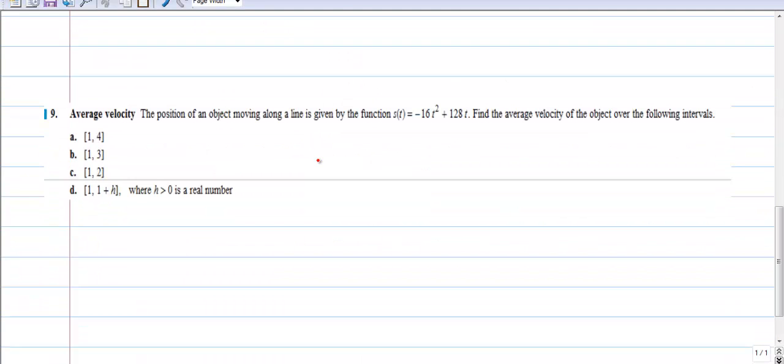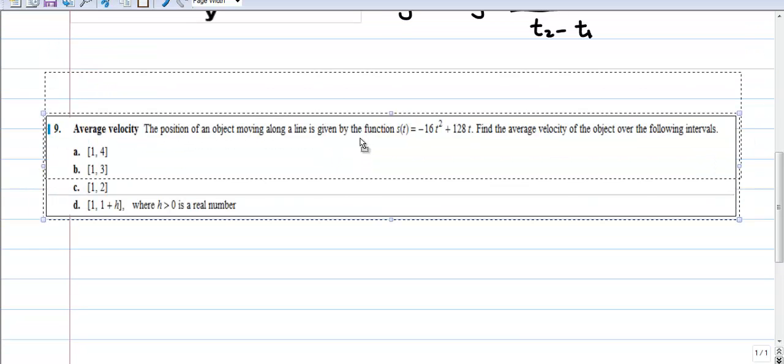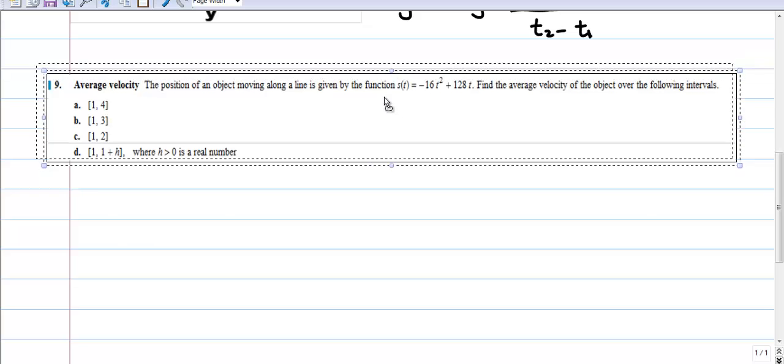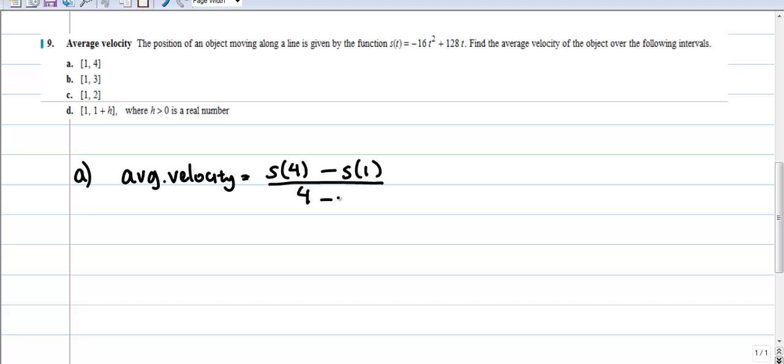So I'm pulling up problem number 9 here from the book, which is also in the homework. It gives me a position function, an S of t, and it wants me to find the average velocity of the object over the following intervals. The first interval says from 1 to 4. So if I do my formula for average velocity, that's going to be the position function at 4 minus the position function at 1, divided by 4 minus 1.